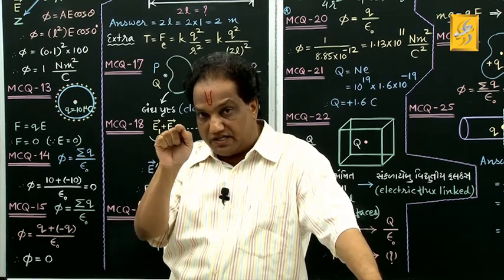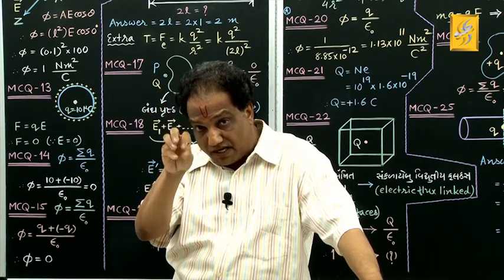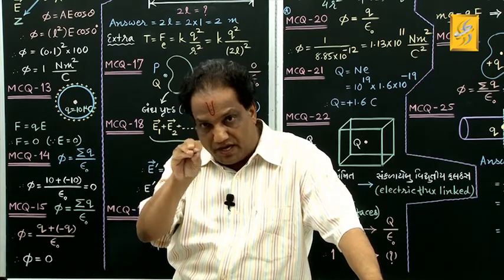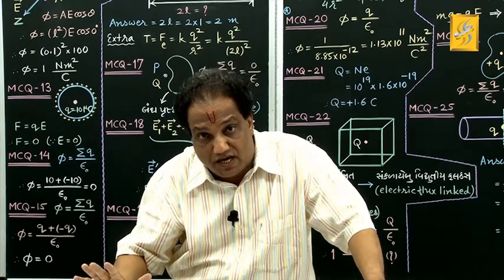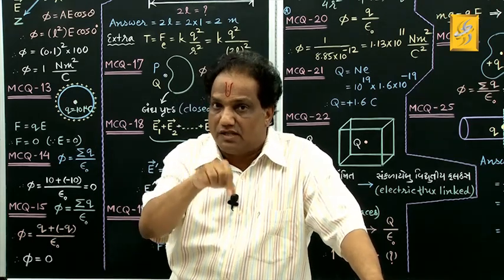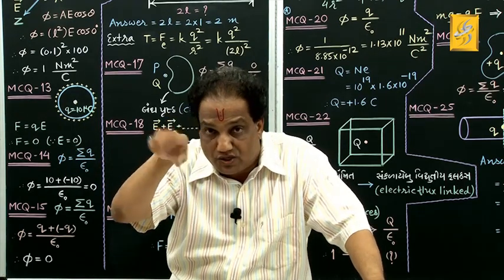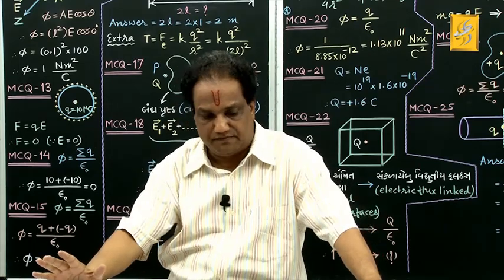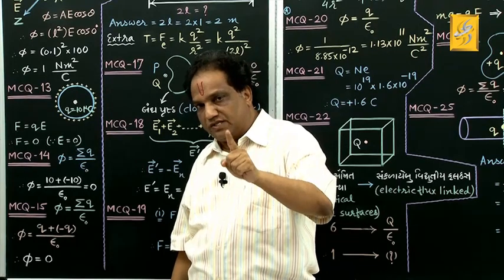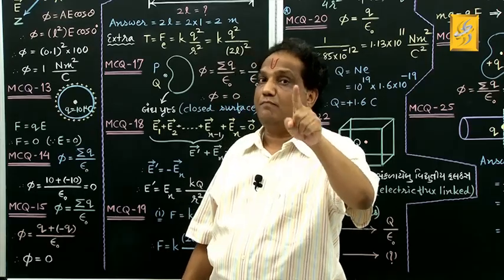For a negative charge, its electric field points towards it, so there is some incoming electric flux, which should be taken negative. Incoming and outgoing electric flux values are equal, but one is positive, one is negative. Naturally, the resultant electric flux linked with the entire closed surface will be 0. Fine. For any closed surface, remember from now onwards, incoming flux is to be taken negative, whereas outgoing flux is to be taken positive.